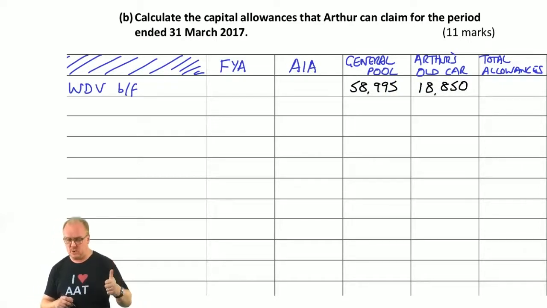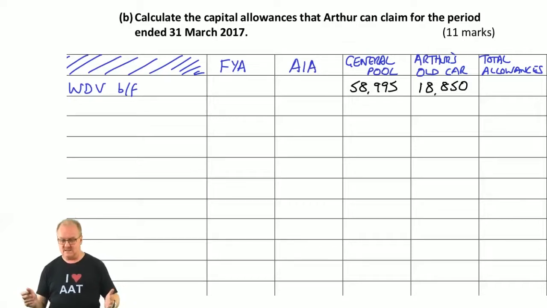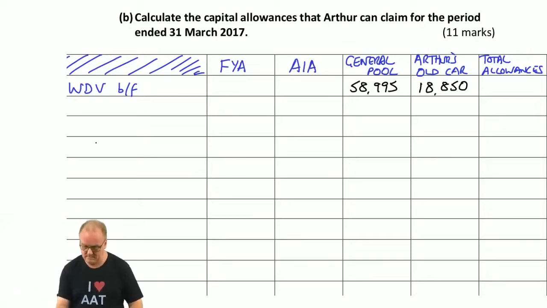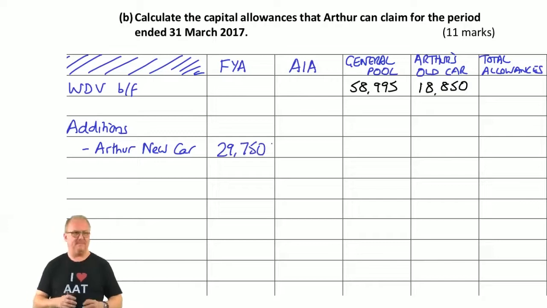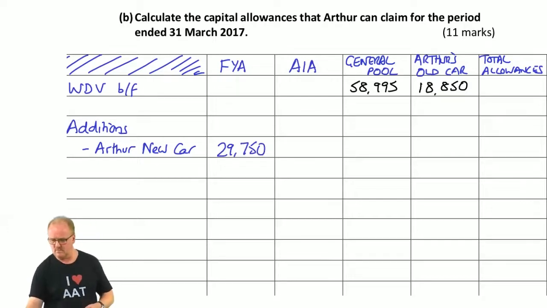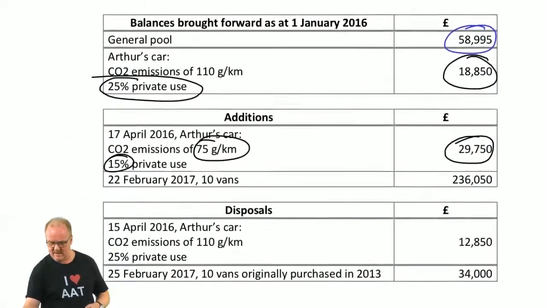It doesn't qualify for AIA because it's a car. So I put a little heading in there, additions. Arthur's got a new car, and that's $29,750. So far, so good.